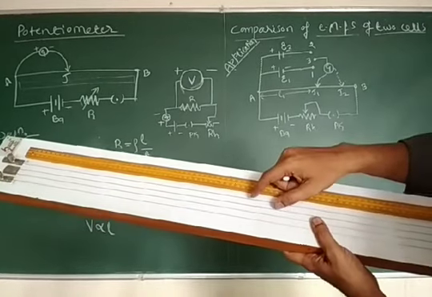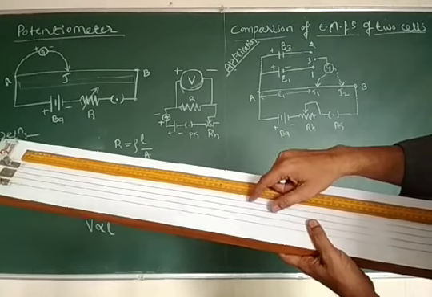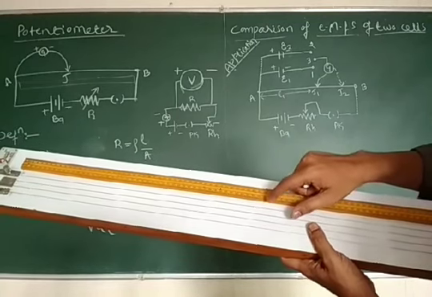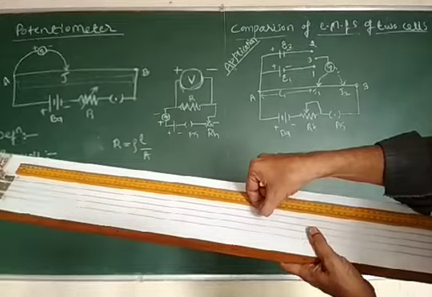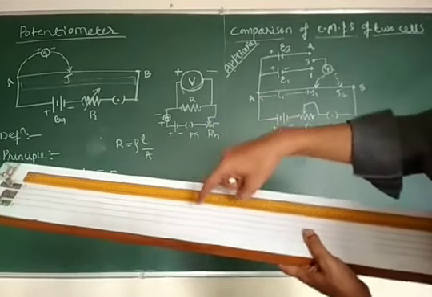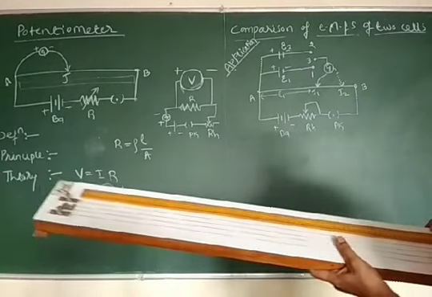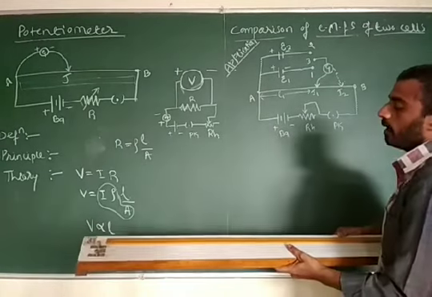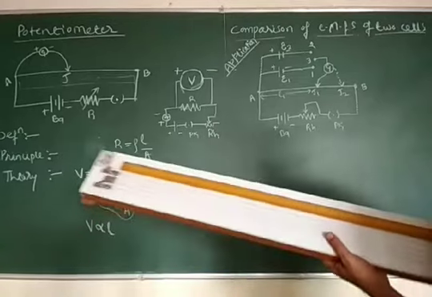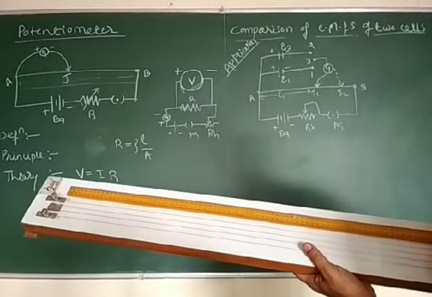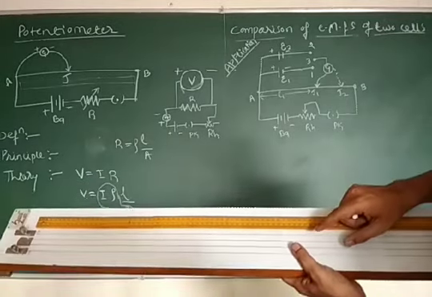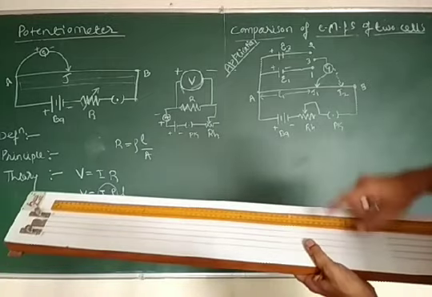When you make 1 ampere of current flow through it steadily, a constant current, and the thickness of this wire from end A to end B is uniform, it means I, rho and A are all the same.